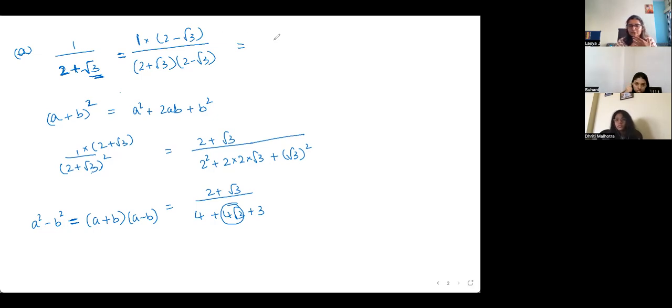ऊपर तो 1 into 2 minus root 3 will remain 2 minus root 3. Denominator में क्या आएगा? 4 minus 2 root 3. Okay. Plus 2 root 3.